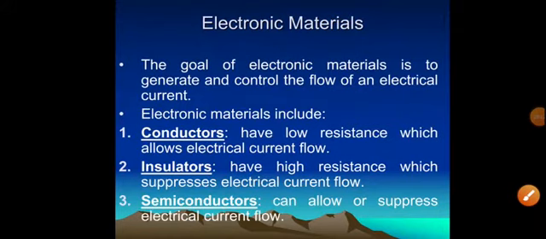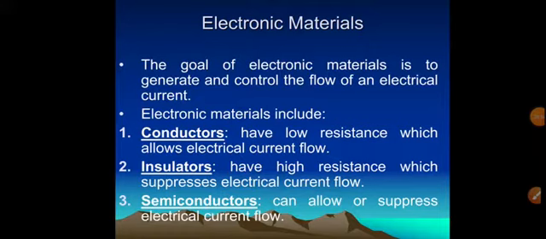As I told you, the next category after the components is electronic materials. These are the materials which are used to manufacture electronic components. Basically there are three materials: conductors, insulators and semiconductors. As I told you, conductors are good conductors of electricity.